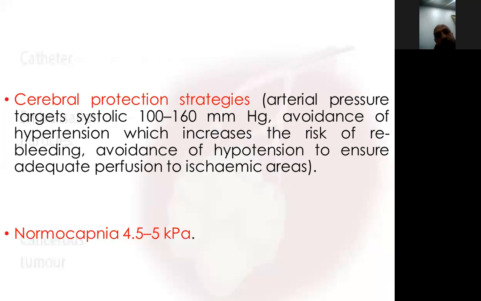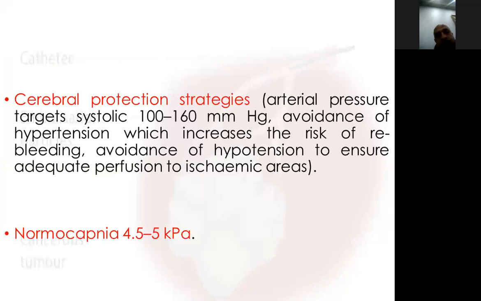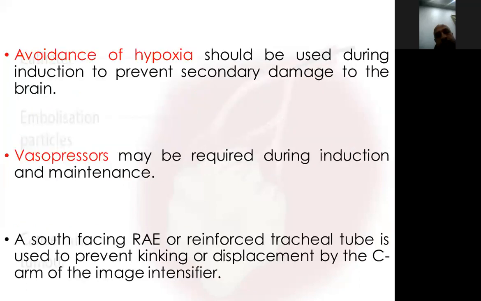And I want to always stress to my colleagues that the recommendation now is to keep the patient normocarbic rather than using the old-fashioned hypocarbia, because it has been proven in many randomized controlled trials that hypocarbia and hypercapnia would cause disastrous complications for these patients.